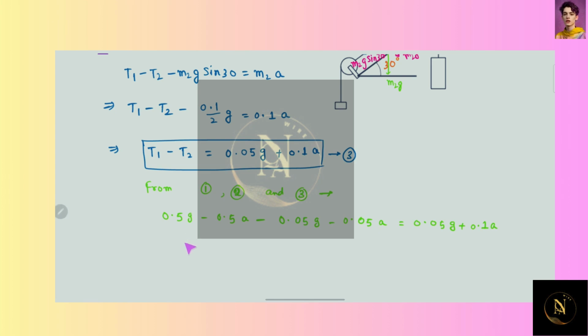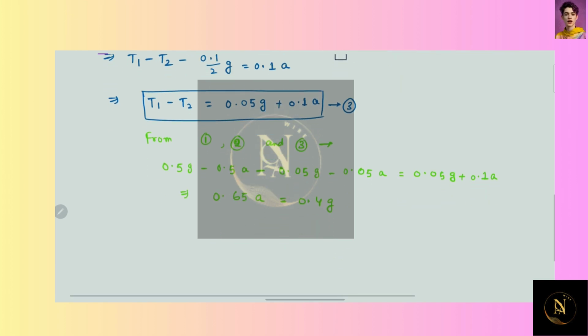On simplifying this, we will get 0.65A is equal to 0.4G, or A is going to be equal to 0.4 by 0.65G.